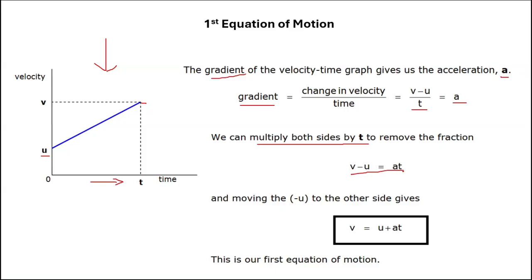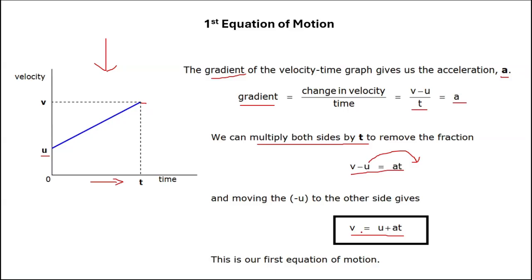Further, moving u to the other side, what we get finally is v equals u plus a times t. So this is our first equation of motion.